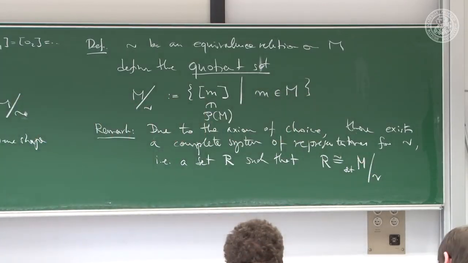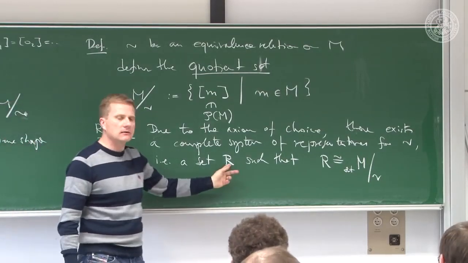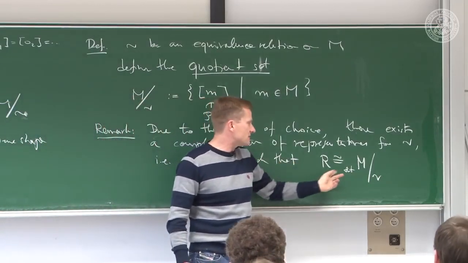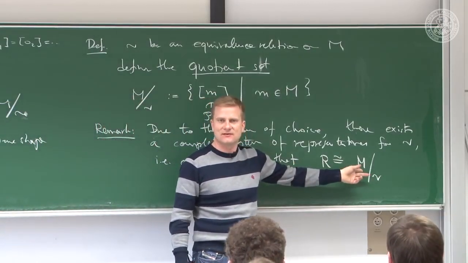Namely, you pick one element from each class and put it into the set R. And then obviously you represent every single class.